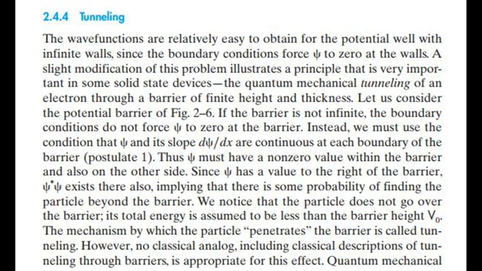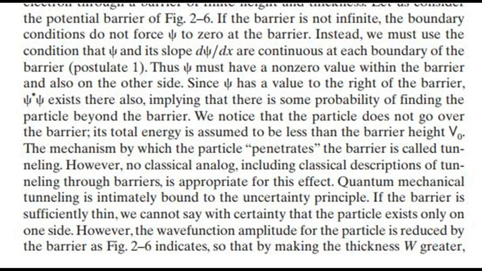We notice that the particle does not go over the barrier; its total energy is assumed to be less than the barrier height V0. The mechanism by which the particle penetrates the barrier is called tunneling. However, no classical analog, including classical descriptions of tunneling through barriers, is appropriate for this effect. Quantum mechanical tunneling is intimately bound to the uncertainty principle.